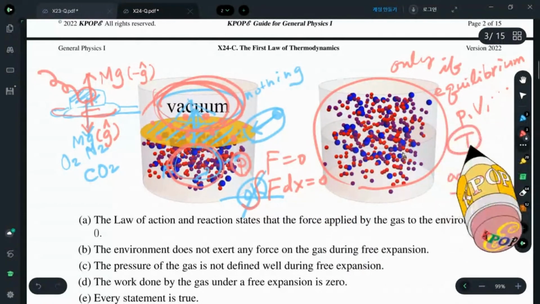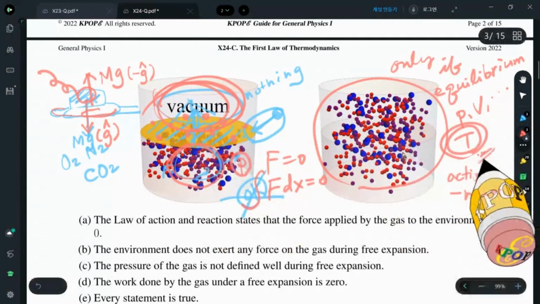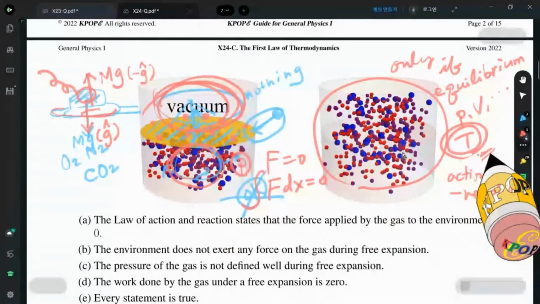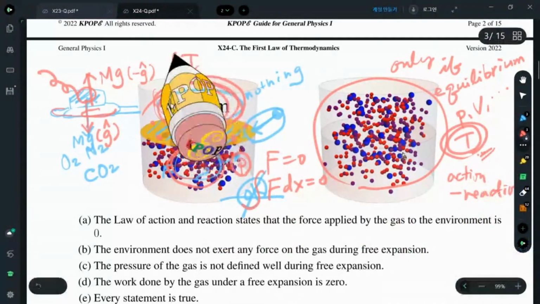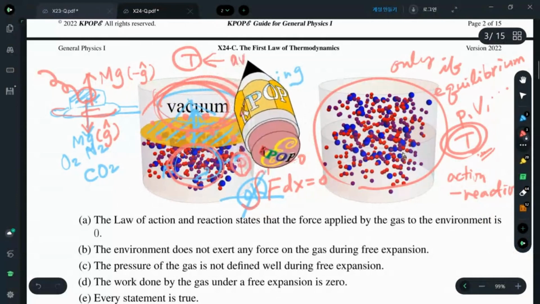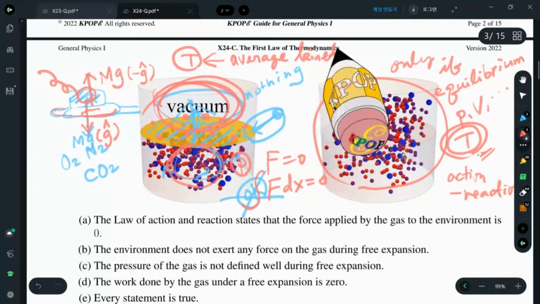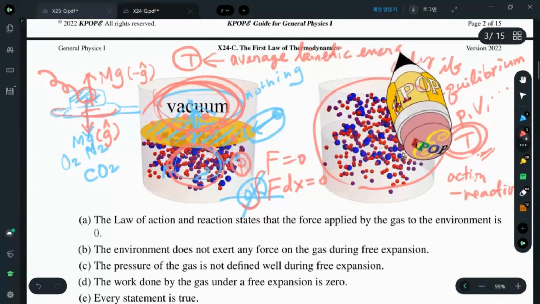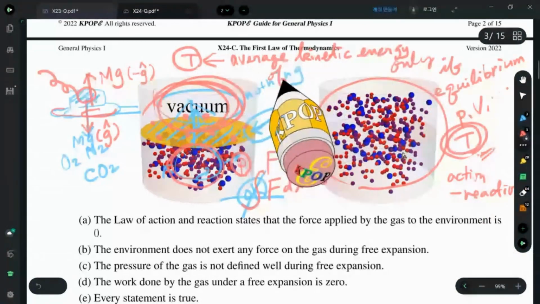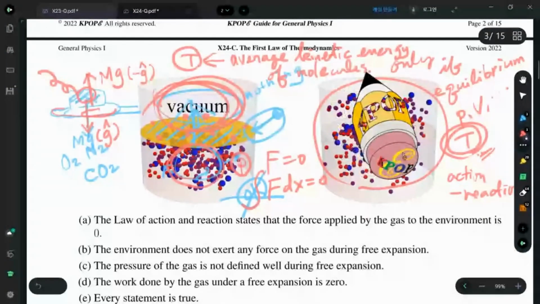However, during the expansion, temperature is well defined. The reason is that the temperature is determined by the average kinetic energy of molecules.